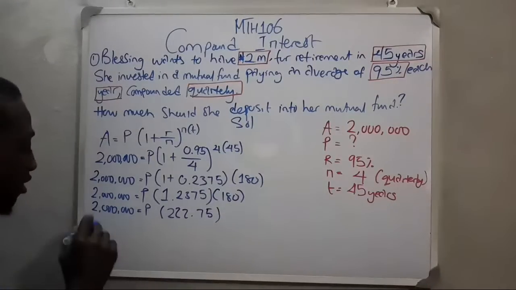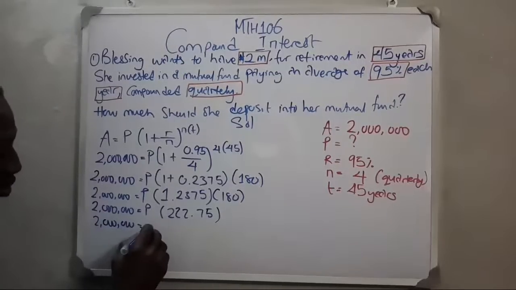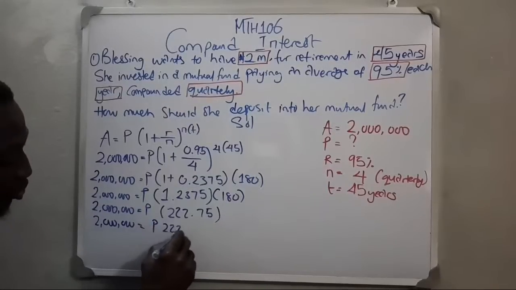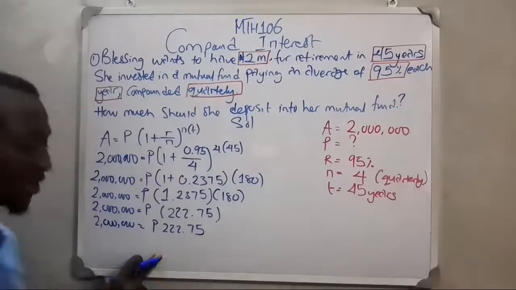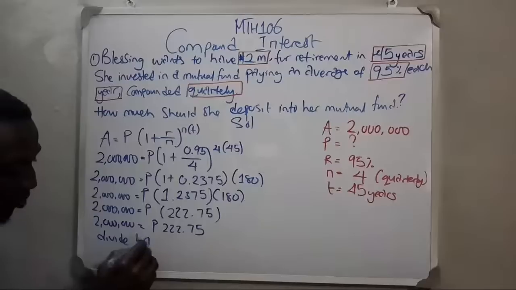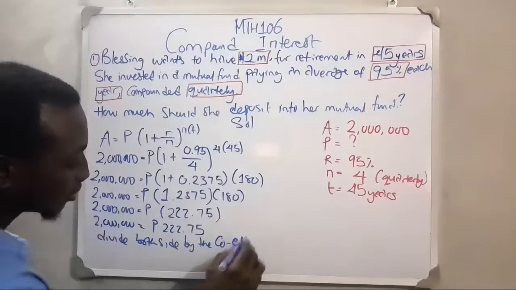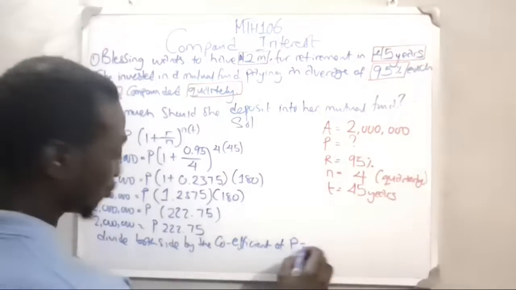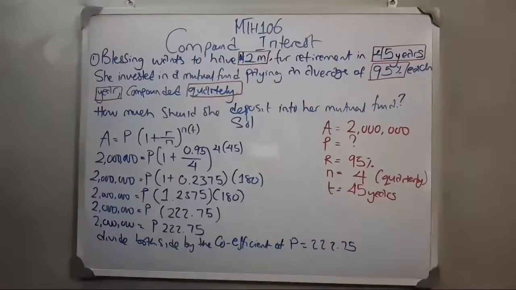So P multiplied by this will give us 222.75. To get P alone by itself, we have to divide both sides by the coefficient of P, which is 222.75. So how do we do that?